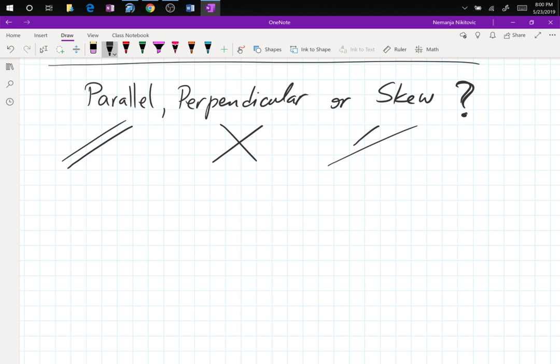So you have more than one way for the lines not to intersect in 3D. In 2D, the only way to have lines not intersecting is to be parallel. But in 3D, right, you can have one line going like this and another line going like that. They don't intersect, and they are at an angle. So there are more options for lines to intersect or not intersect in 3D space.